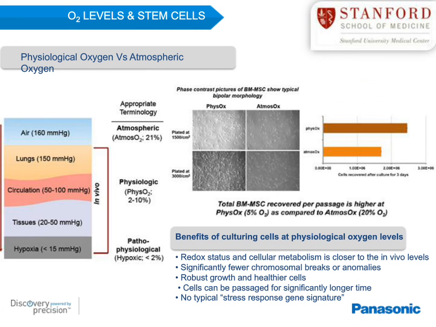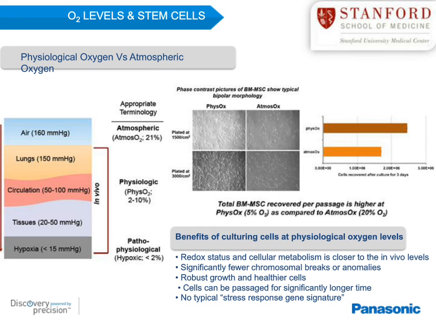As research goes on, more and more studies are showing the importance of O2, oxygen control, within the system that they're studying, and stem cells have been the front runner here. Recent studies have shown the increasing importance of physiological oxygen in stem cells. If you compare it to traditional CO2 incubation, you can see that the benefits of culturing cells at physiological oxygen really bring it closer to in vivo levels.